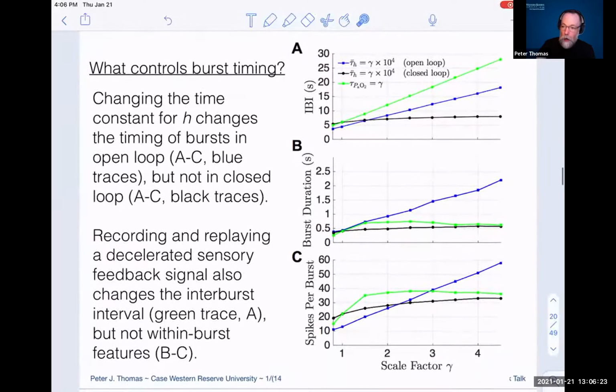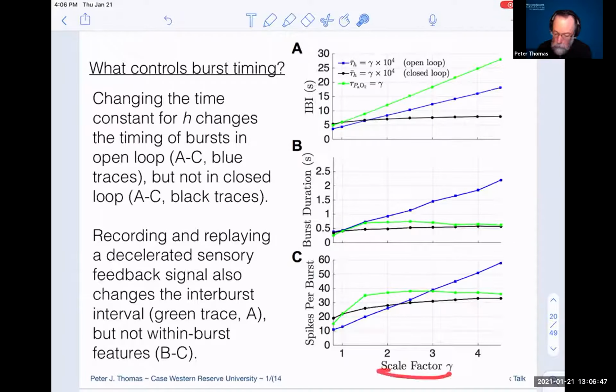Okay, so to dig a little deeper into this, we asked what actually controls the timing, or different aspects of the timing. In this top plot, you can take tau H, the time constant for the persistent sodium current, and make it slower by rescaling it.